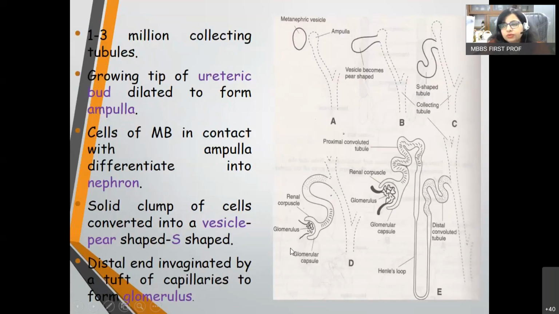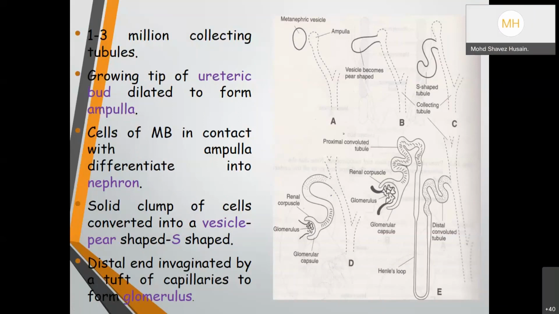Now when we talk about the nephron, what is nephron? Structural and functional unit of kidney.